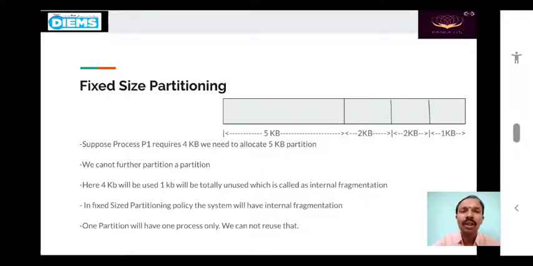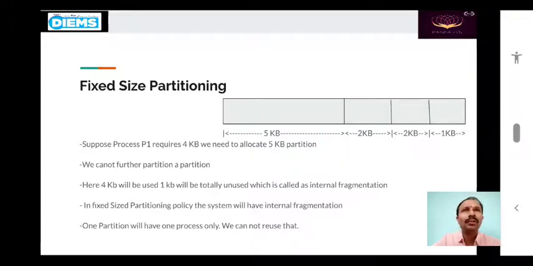For example, 4 KB will be allocated the 5 KB partition. 1.75 KB will be allocated any of the 2 KB partitions. Less than 1 KB will not be allocated a 2 KB partition, but the 1 KB partition will be more than sufficient. So this is known as fixed size partitioning.